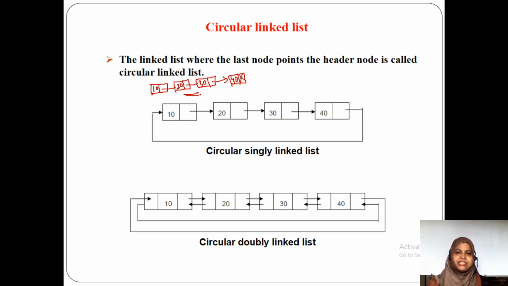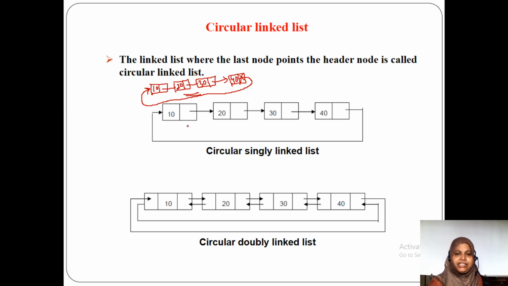In a circular list, the pointer field of the last node is going to save the address of the first node. The linked list where the last node points to the header node is called a circular list. Everything is the same as the single linked list. The only difference in a circular linked list is that the pointer field of the last node points to the first node, right?